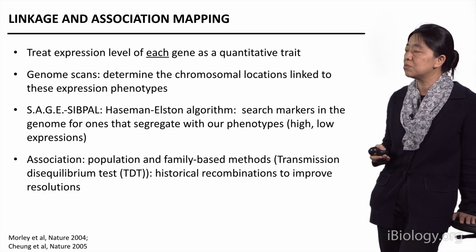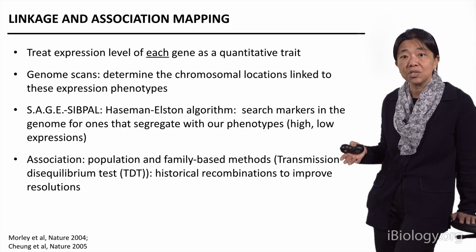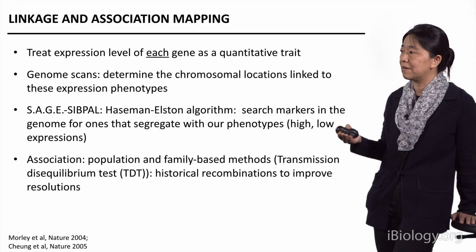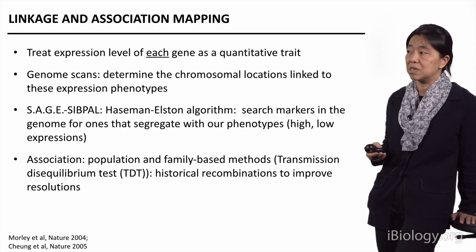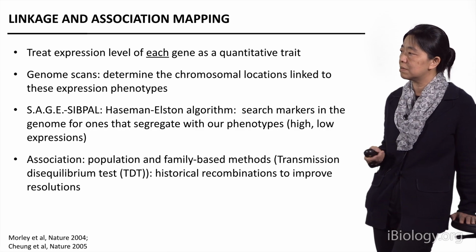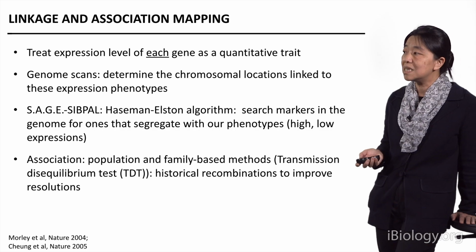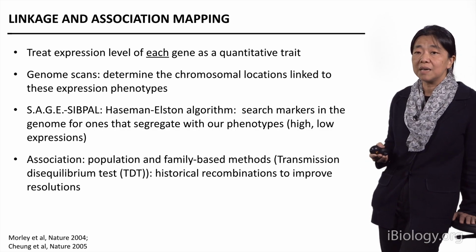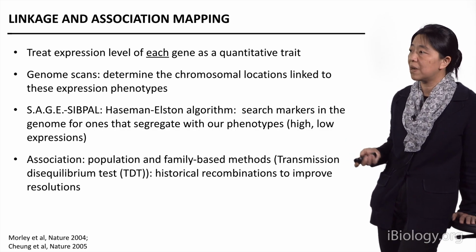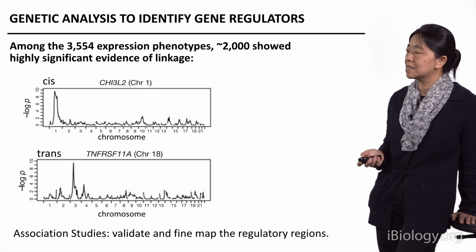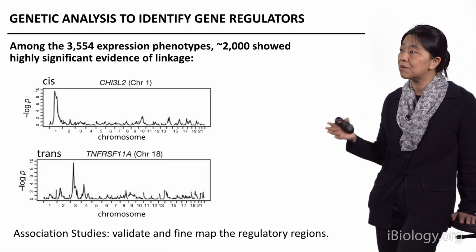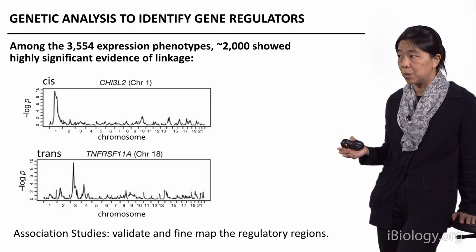In order to do this, we do both at the population level as well as the family level using a method called the transmission disequilibrium test. In the TDT, we are able to improve the resolution of our mapping and narrow down the regulatory regions much more.